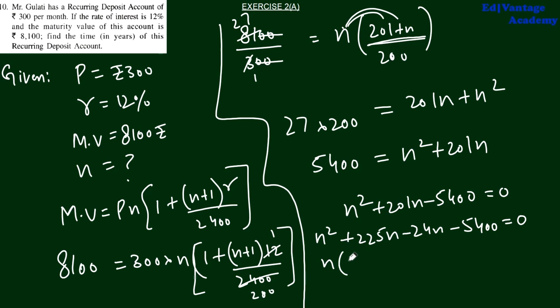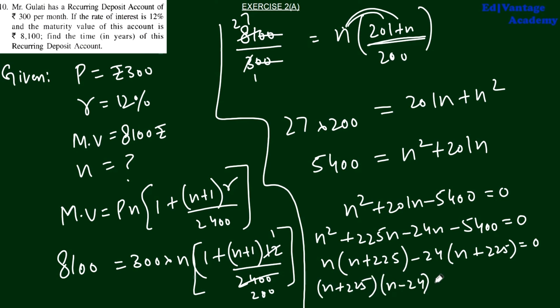What is common? n plus 225 is remaining, minus 24 is common, n plus 24... what gives 5400? 225. Fine, you get n plus 225 and n minus 24 is equal to 0. Either n plus 225 is 0 or n minus 24 is 0, and there you get negative 225. Minus 225 can't be the value of n because time cannot be negative, so n is equal to 24 months. That's the answer.